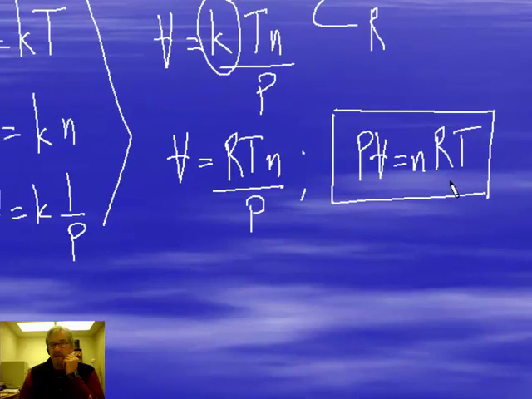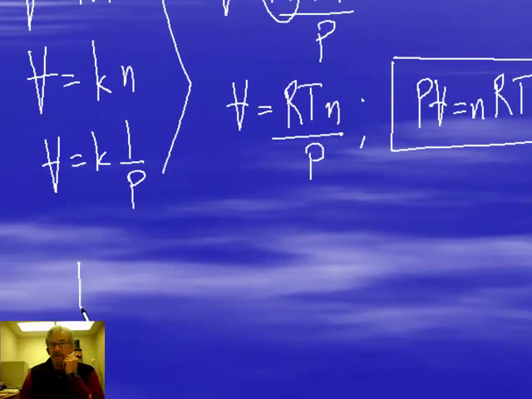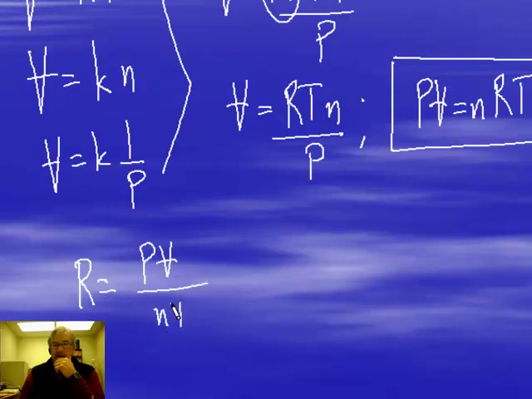So let's figure out what R is. If we take this equation and solve for R by dividing both sides by N times T, you get PV divided by N times T. Let's evaluate it at one condition, and it should be useful at all conditions because this is a universal kind of a law. The pressure we're going to use is standard pressure, which is 1.00 atmospheres.